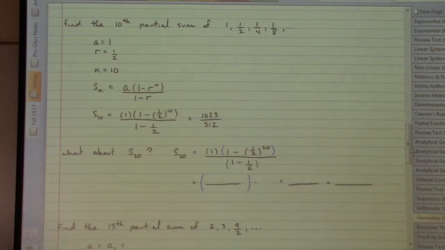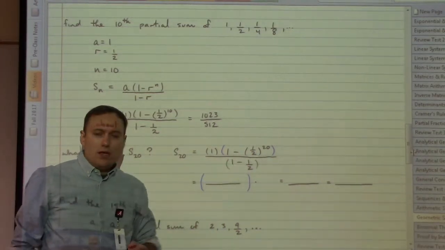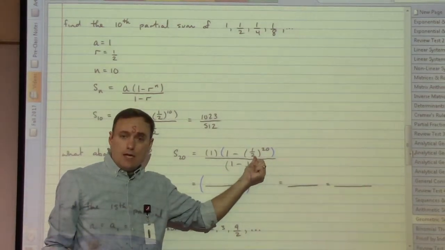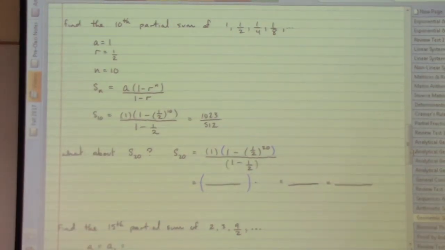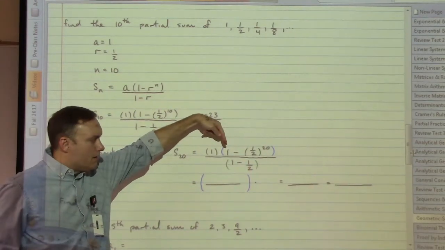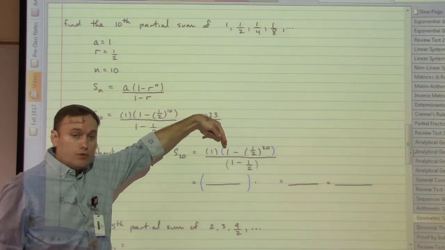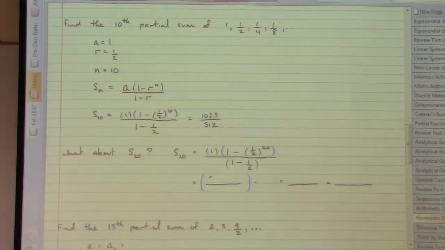In order to add and subtract fractions, and that's what I see here in that blue set of parentheses, I would need a common denominator. Now that power of 20 goes down there to that denominator of 2, so my common denominator would be 2 to the power of 20. That means that inside that blue set of parentheses, the 1 right here would be rewritten as 2 to the power of 20 over 2 to the power of 20.